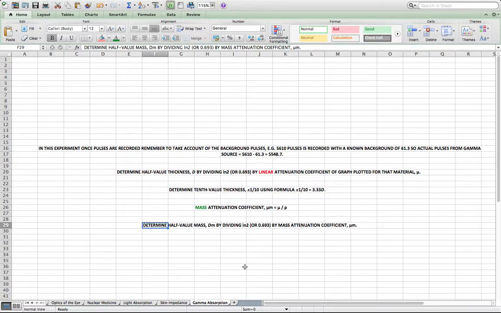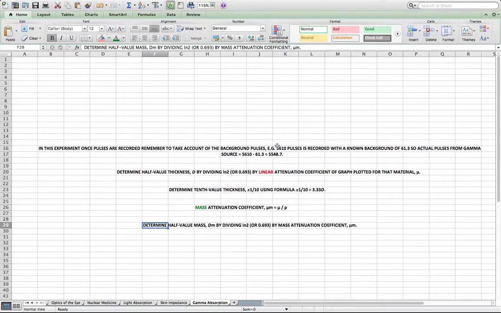And for this experiment, as you know, there is a background radiation naturally in the environment. So when you're recording the pulses, you have to be aware that the pulse recorded from the source will be inclusive of the background radiation as well. So you have to take account of these background pulses. I've given an example here, just using one of the data points from your lab report.